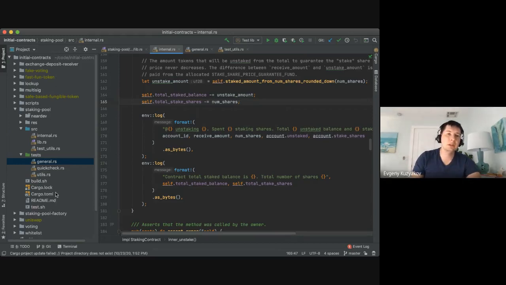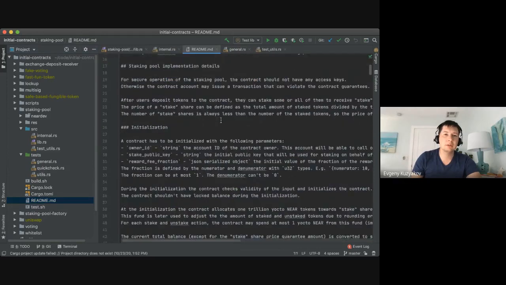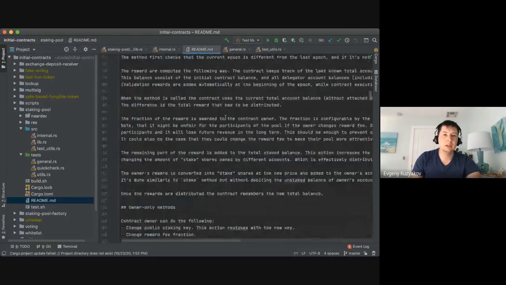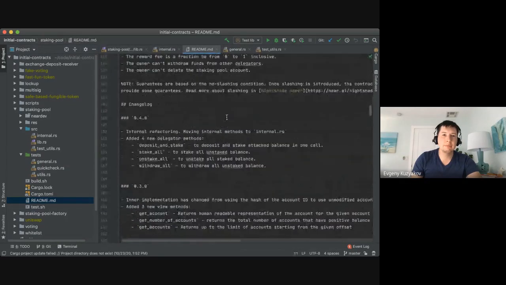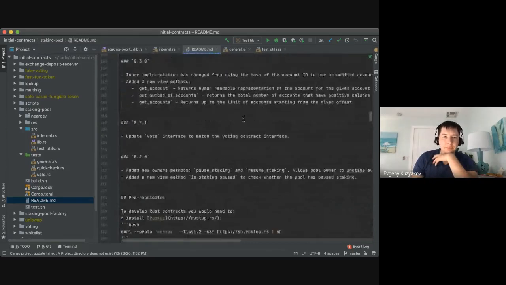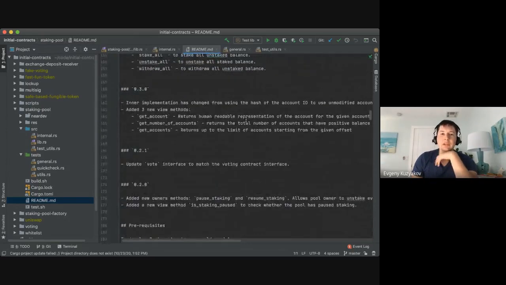So we marked it in the changelog of this contract as well in the README. There's a bunch of stuff that popped up during the development and testing on a live system. But the original version took maybe a week to write, and later to clean it up, test it properly, and improve.